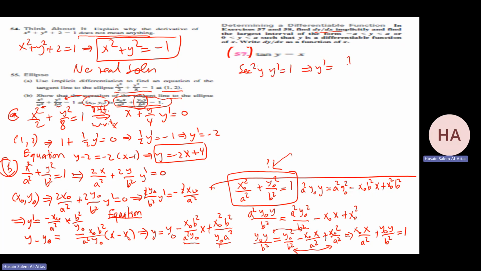So y prime equal 1 over secant square y, which is cosine square y. Okay. Well, I leave it secant square better, I think. You can deal with it easier.